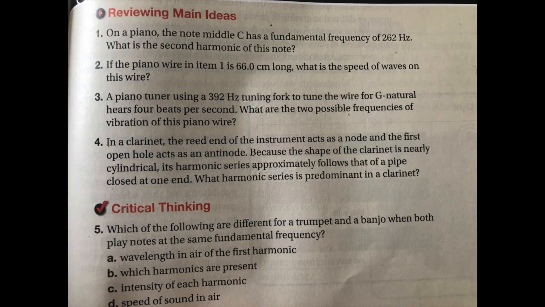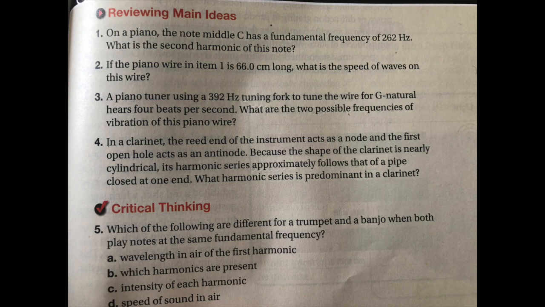Number 4, in a clarinet, the reed end of the instrument acts as a node, and the first open hole acts as an antinode. Because the shape of the clarinet is nearly cylindrical, its harmonic series approximately follows that of a pipe closed at one end. What harmonic series is predominant in a clarinet?